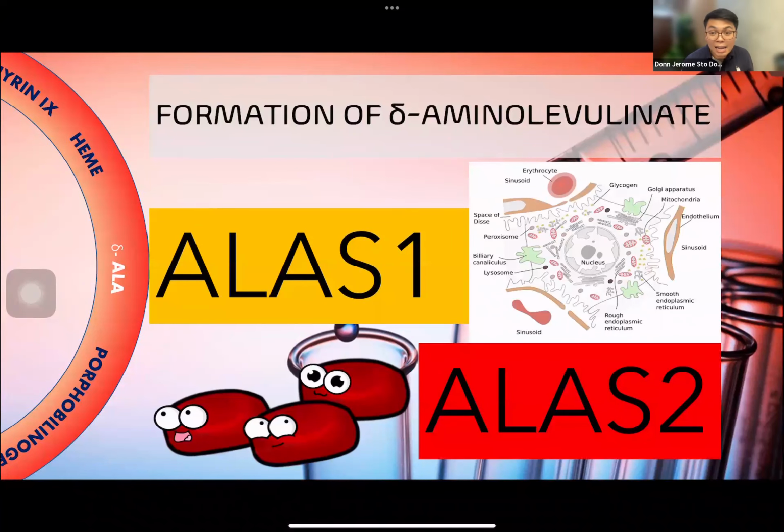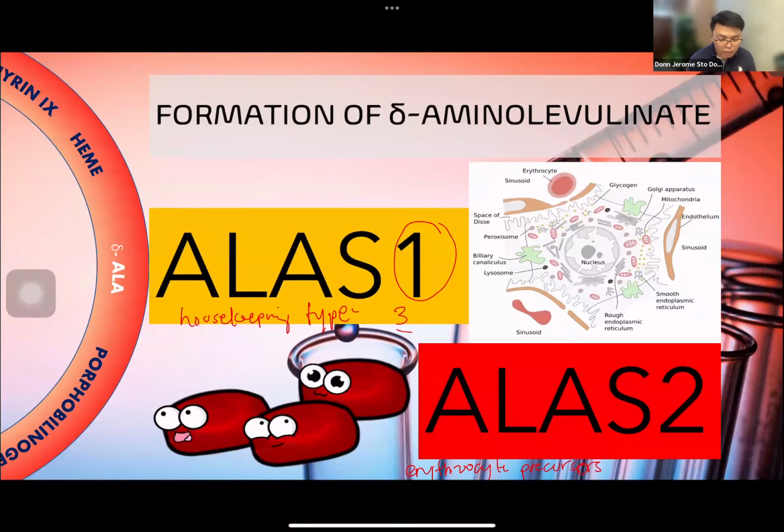So your ALAS has two isoforms. One is your ALAS1, which is also known as your housekeeping type. This is encoded in chromosome 3. While the other enzyme, ALAS2, is restricted to the erythrocyte precursors.